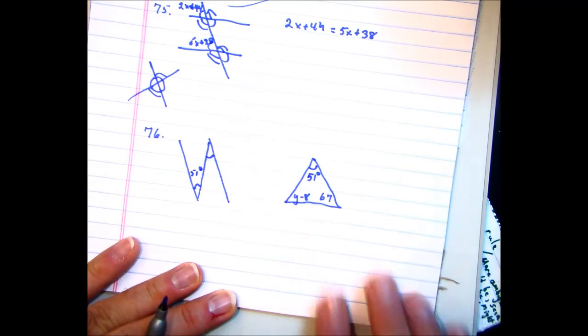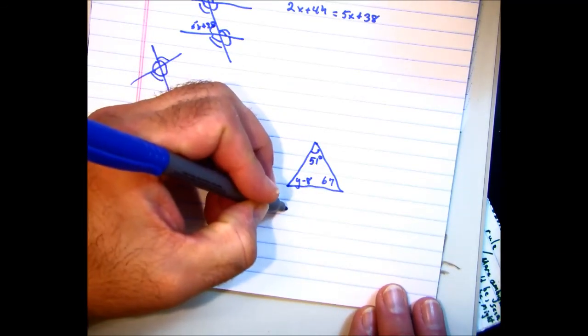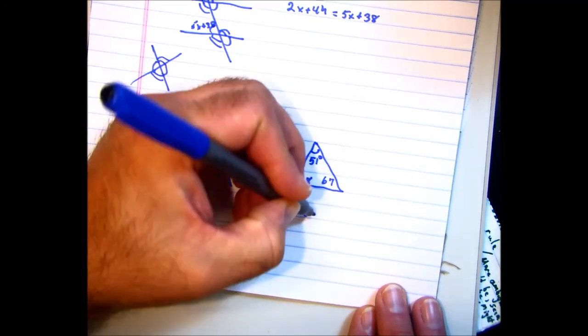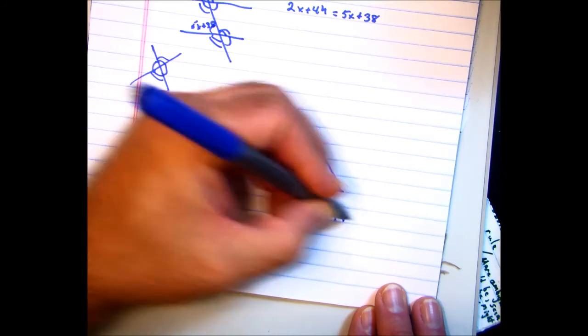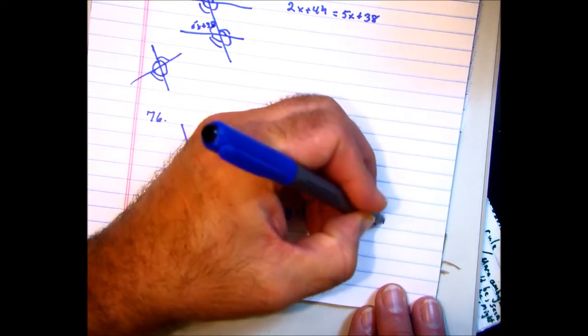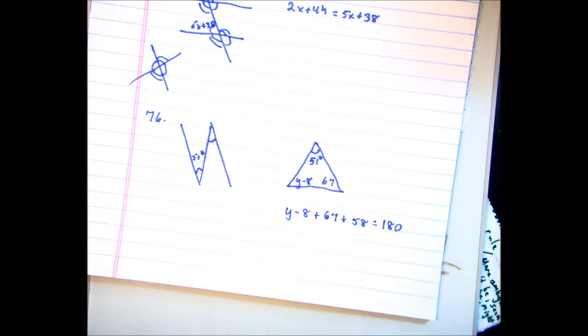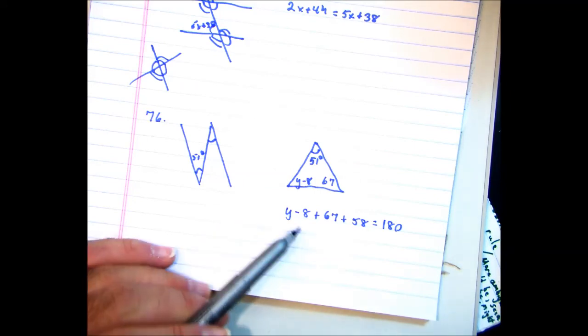What do you know they do? They add up to equal 180. Okay, so you add them all up to equal 180 and you solve for y.